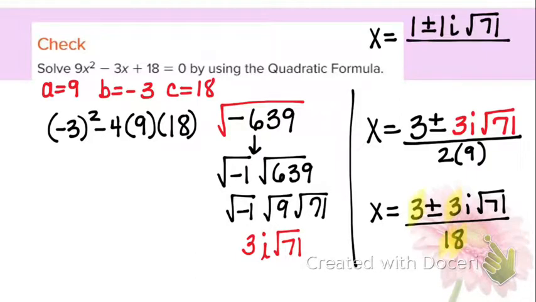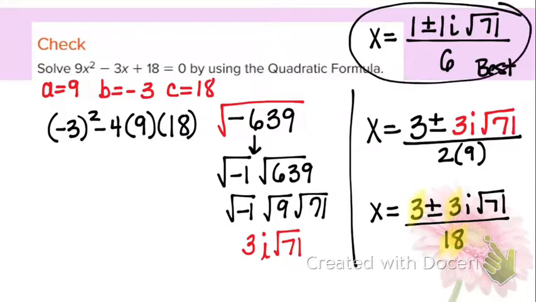And what's 18 divided by 3? 18 divided by 3 is 6. So this is the best answer. That's the best answer right there. But I will take this also for full credit.